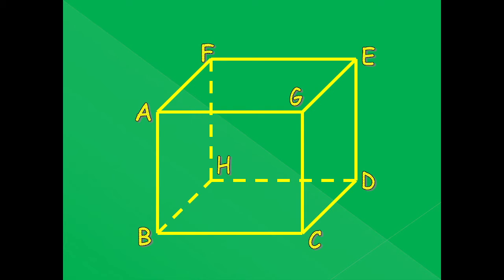Line AG, sir. Correct. Who can name another edge there? Okay, look at what happens. Those that changed color are what we call edges. Those your classmate mentioned, AG, AF, FE, GE, FH, AB, those are edges.